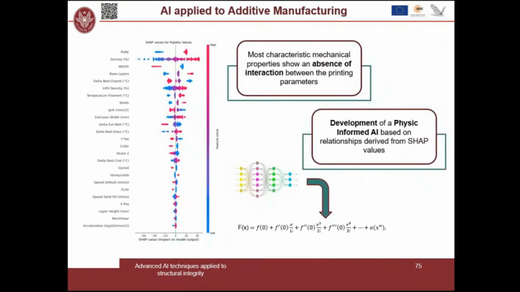Okay. So another thing that you can do with a Shapley value, in this case, only for PLA, because for nylon it was not the case, but we have seen that the parameters weren't interacting as we expected. So we could force the neural networks to have no interaction. So basically, we applied a kernel to the neural networks itself, a truncated Taylor expansion kernel.